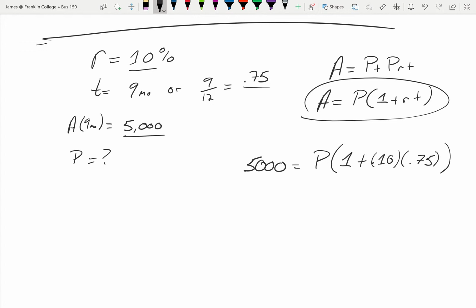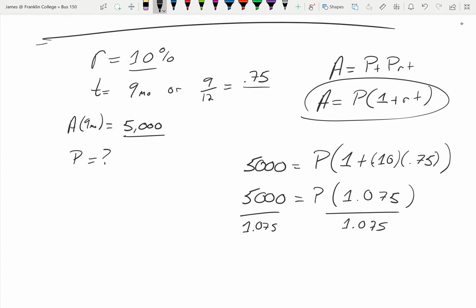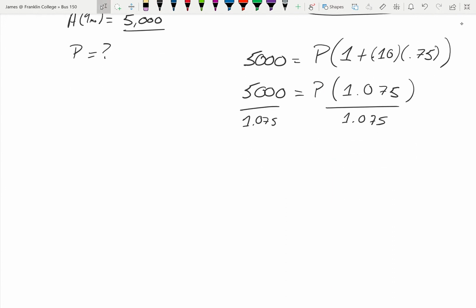And now we're going to want to solve for P. So 5,000 equals P. Let's solve for what's inside the parentheses. 1.075. We can now divide both sides by 1.075. And 5,000 divided by 1.075 equals $4,651.16.